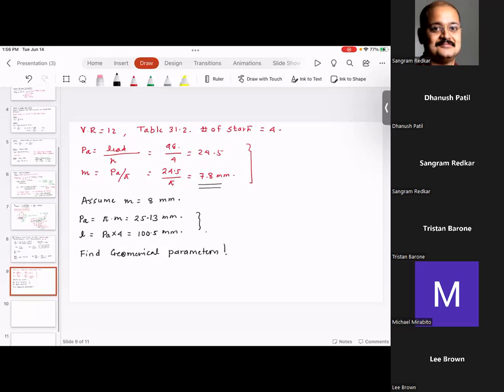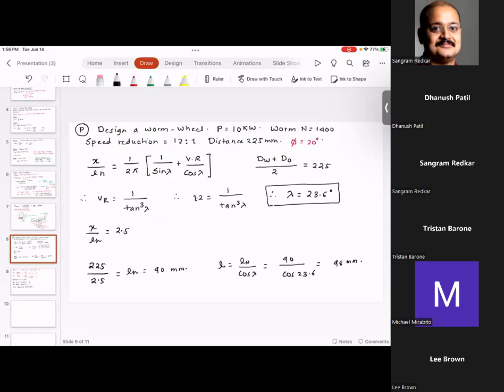Now, what we want to do is, here we start the actual design. In the first part, what we have done is we were given the speed reduction ratio and the pressure angle. We used all this information to find out the overall dimensions. So what would be the appropriate dimensions to meet these speed reduction requirements and the center distance requirement?